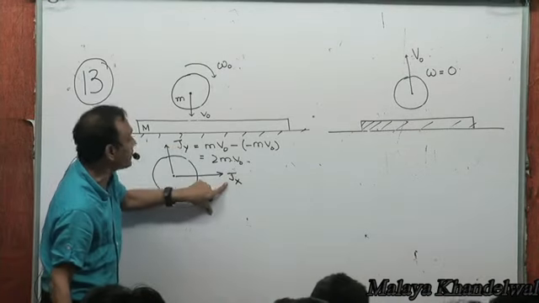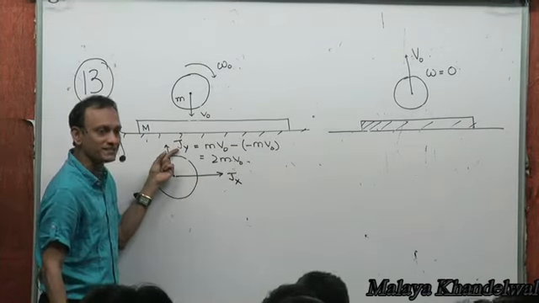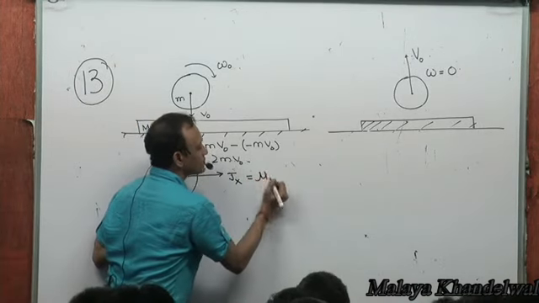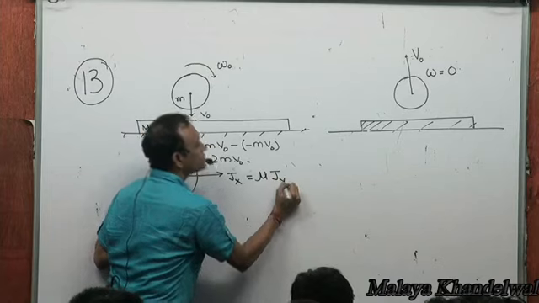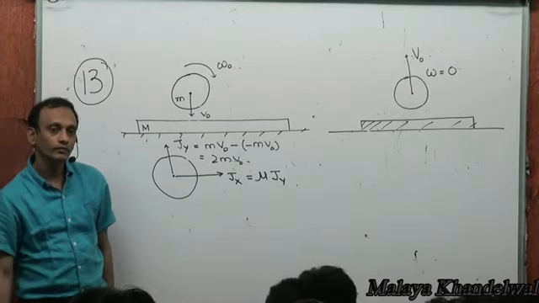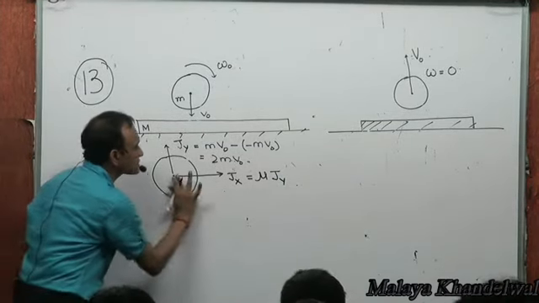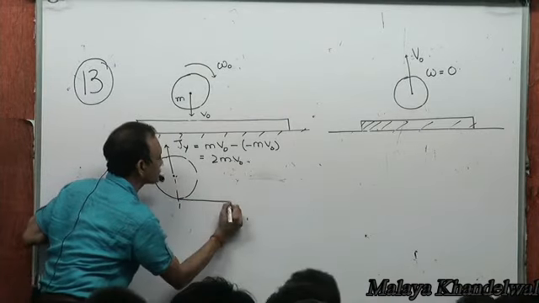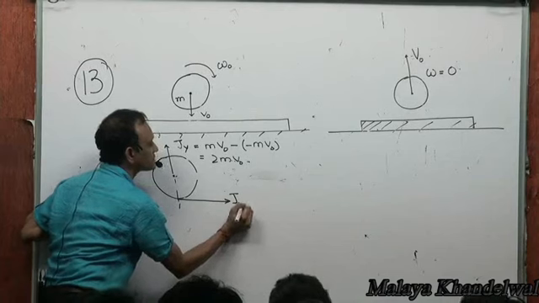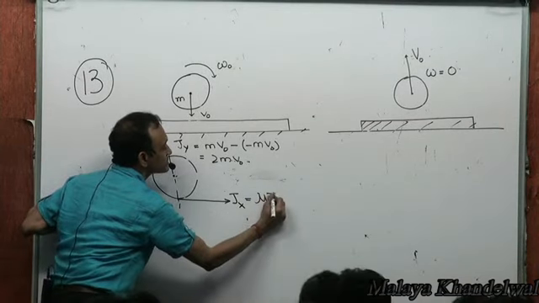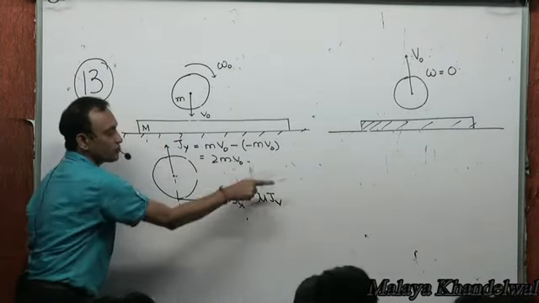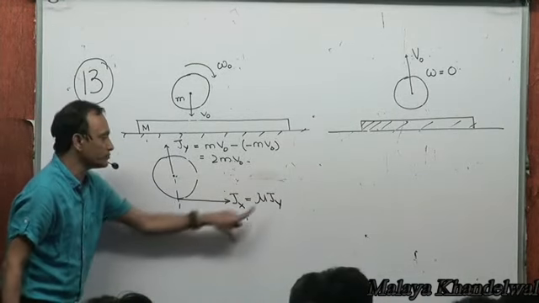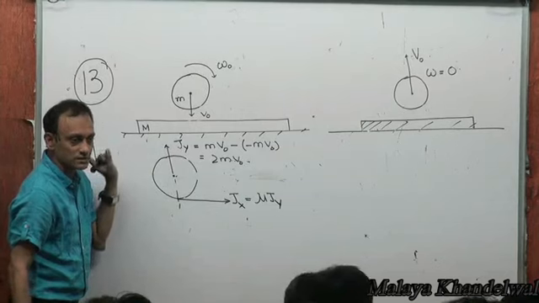So the horizontal impulse would be mu times the vertical impulse. Yes or no? So this Jx would be mu times the vertical impulse Jy, which is like frictional force acting like this. That's a frictional impulse, impulse of friction, which is mu times the normal impulse.